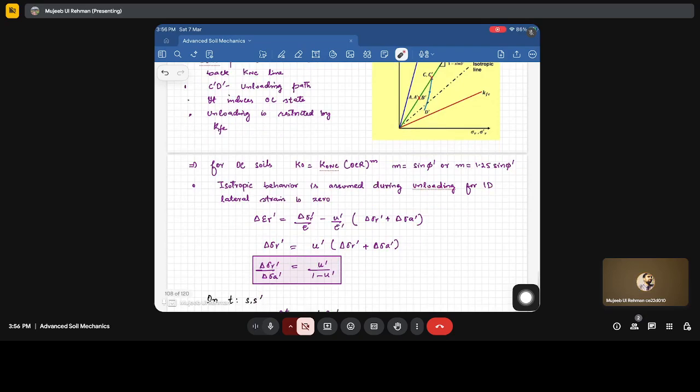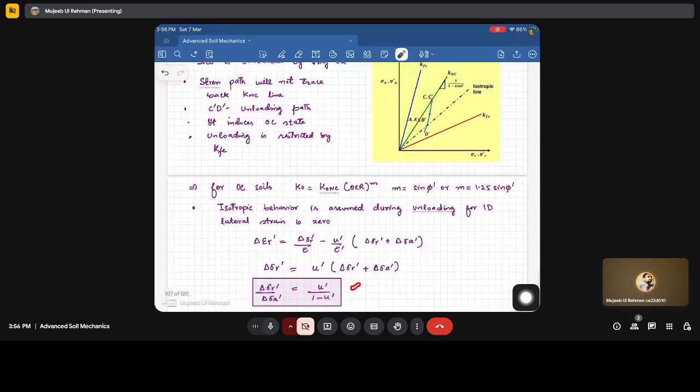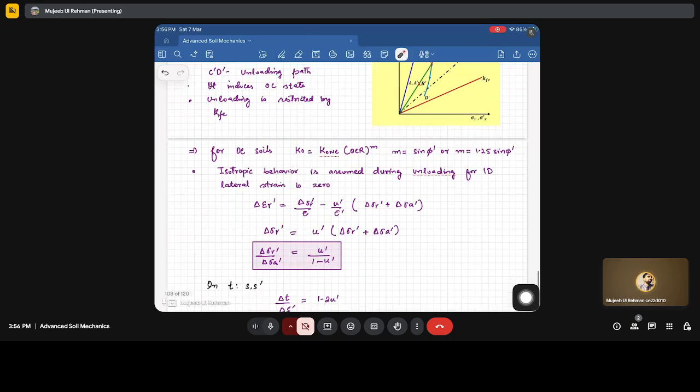So this is 0. We will get a relation between delta sigma r dash and delta sigma A dash, mu dash divided by 1 minus mu dash. This is how sigma r dash and sigma A dash will vary during unloading, governed by this equation.